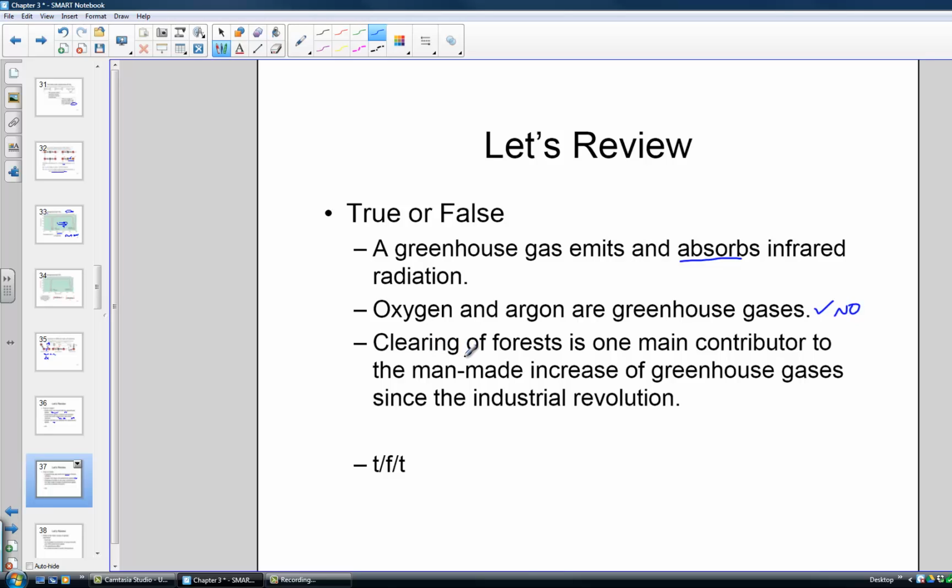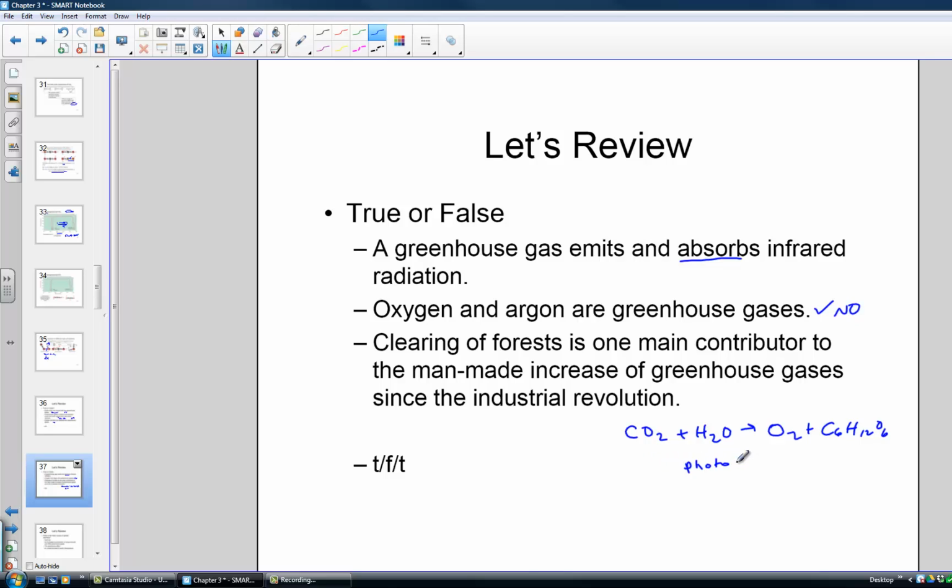Clearing of forests is one main contributor to the man-made increase of greenhouse gases since the Industrial Revolution. Well, of course that's true, because carbon dioxide, when combined with water, goes back to molecular oxygen, and this is not balanced, and glucose. This is a process known as photosynthesis.